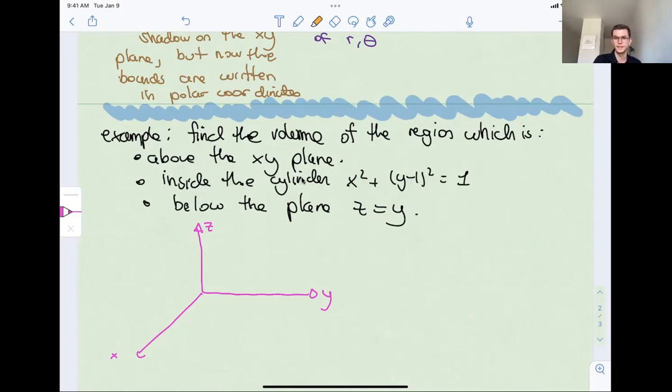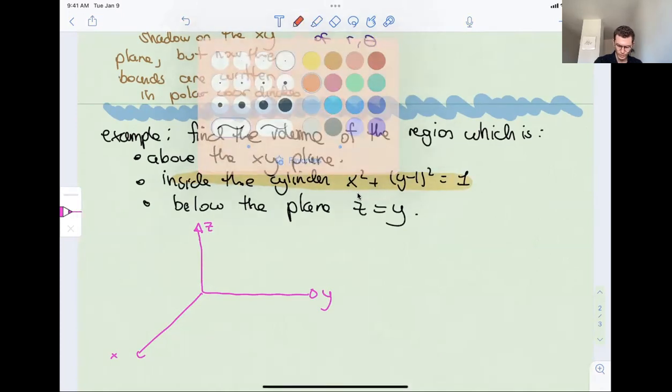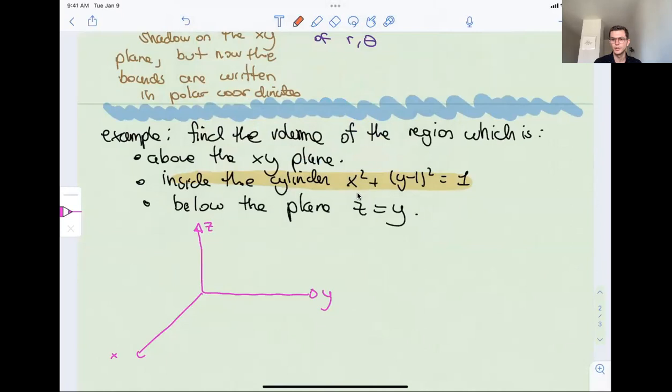Then you have this cylinder. What is this cylinder? Well, this is really the equation of a circle, right? Center at (0,1) of radius 1. So here you have (0,1).